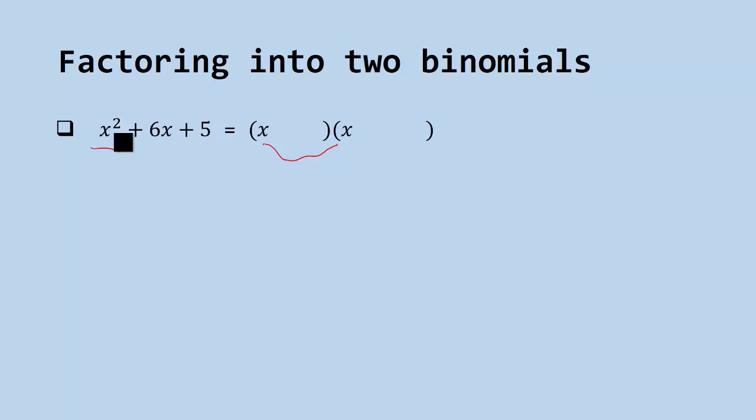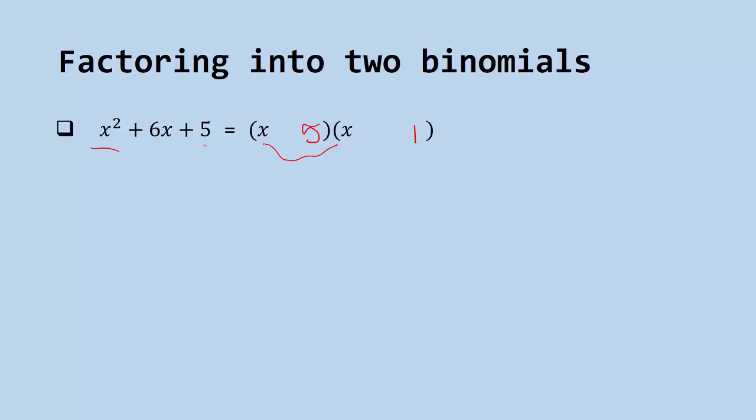Now we need to come up with the last two numbers in the parentheses. To do that, I need to know what multiplies together to be the number 5. Fortunately with 5, I don't really have any choices. I have the number 5 times 1, and that's it. So let's put the 5 in the end of this parenthesis and the 1 in the end of this one. Now I need to have either a plus or minus inside the parentheses.